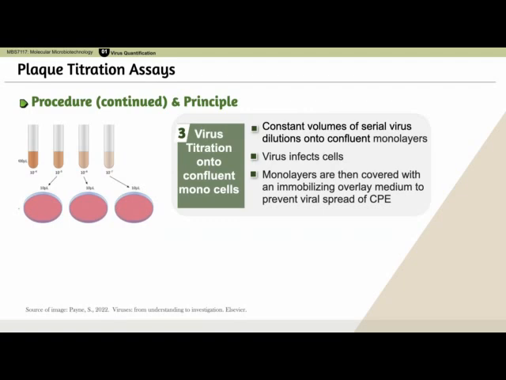And we continue doing that. Note that you may have to have several multi-well plates if you're going to continue the titration up to 10 to the minus 8 or 9. So now we wait for the virus to infect the cells, we can give it about 1 hour.